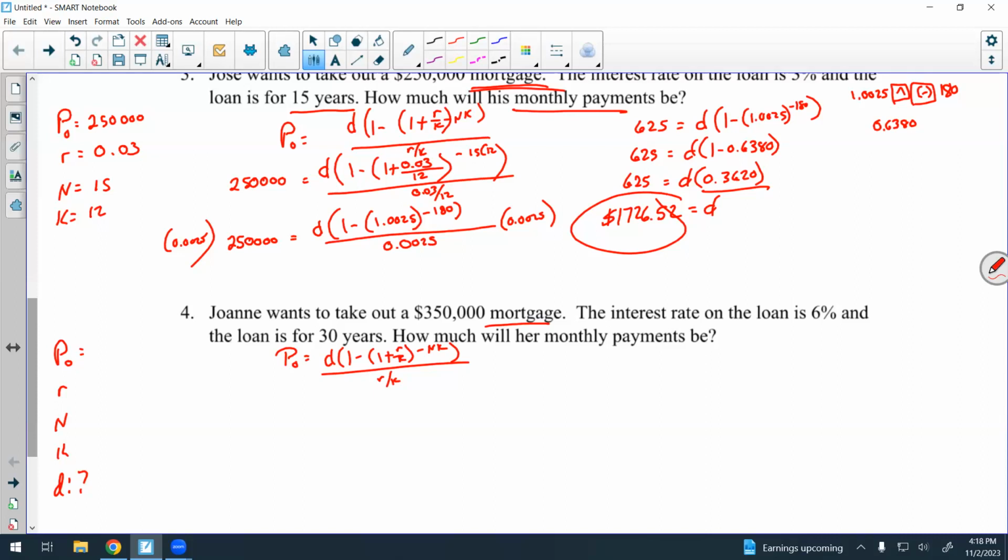Joanne wants to take a mortgage out for $350,000. Interest rate is 6% for 30 years. Monthly payments, okay, is 12. So now it's just plug in the numbers and play with them until you get what you need.